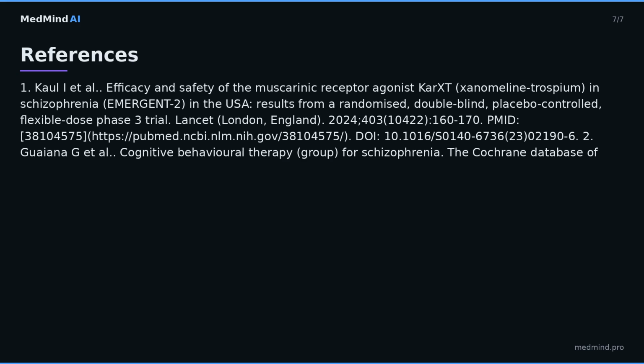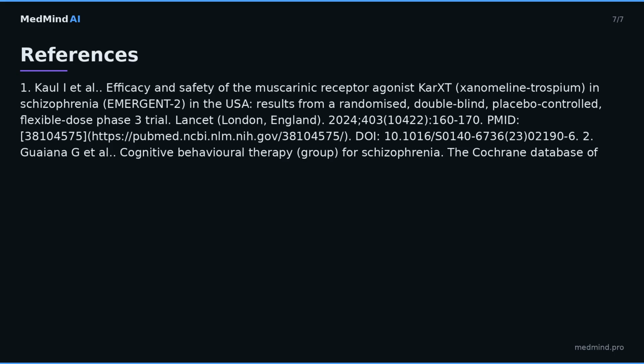PMID 36253804. https://pubmed.ncbi.nlm.nih.gov/36253804. DOI 10.1186/s40779-022-00420-0.